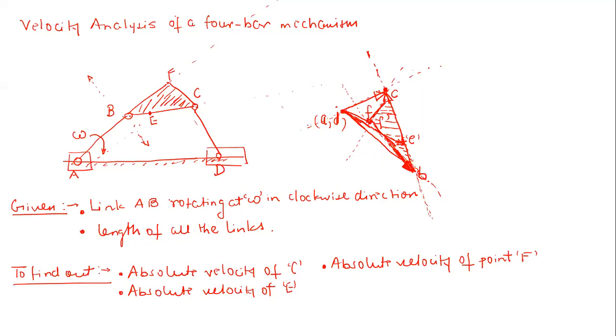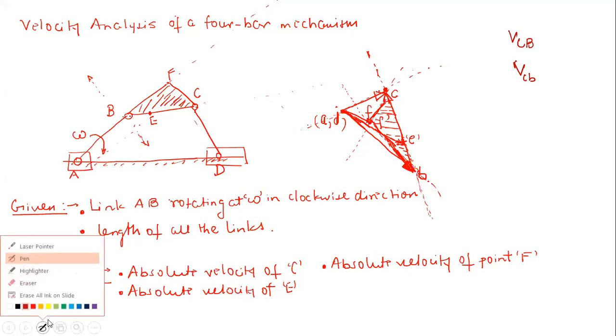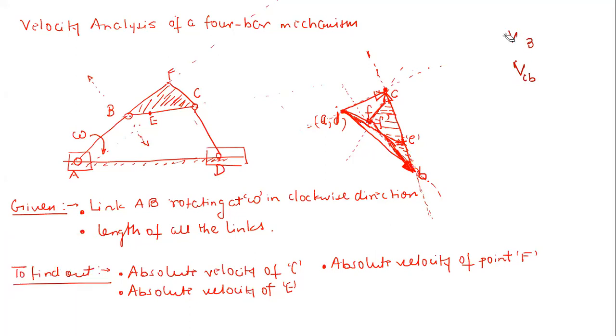Just tell me this quickly. See, the velocity of C with respect to B is known, right? So we know this VCB vector. It will be very simple: simply VCB by BC, nothing else.